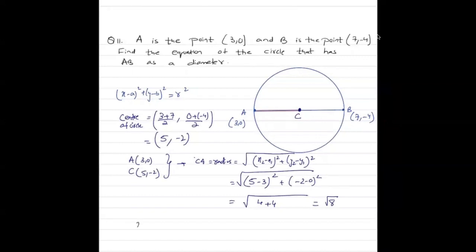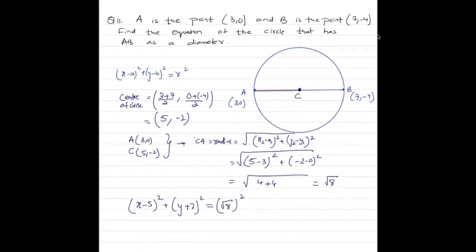What's going to be my equation of the circle? I would say (x minus 5) the whole thing squared plus (y plus 2) squared equals square root of 8. Square root of 8, so (x minus 5) the whole thing squared plus (y plus 2) the whole thing squared equals 8.